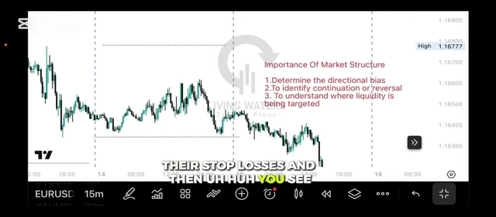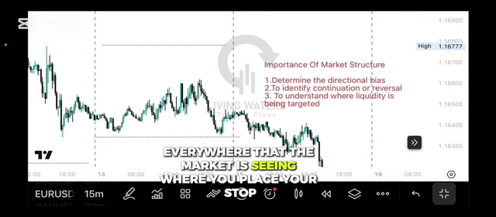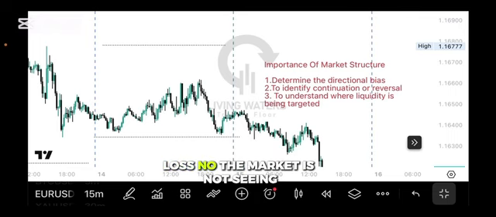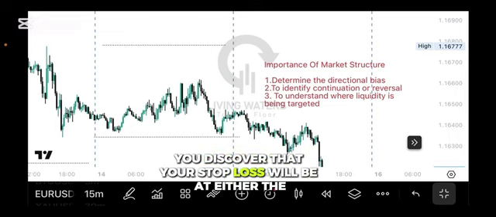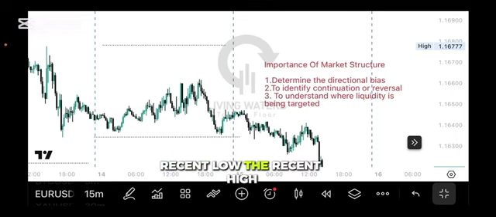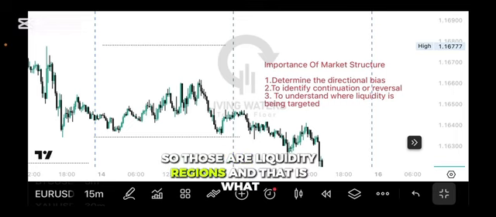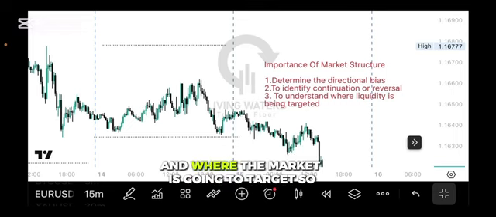And then you see, there's this common saying everywhere that the market is seeing where you place your stop loss. No, the market is not seeing where you place your stop loss. The only thing there is that the market already understands where stop losses can and could be placed. Usually you discover that your stop loss will be at either the recent low or the recent high. So those are liquidity regions, and that is what and where the market is going to target.